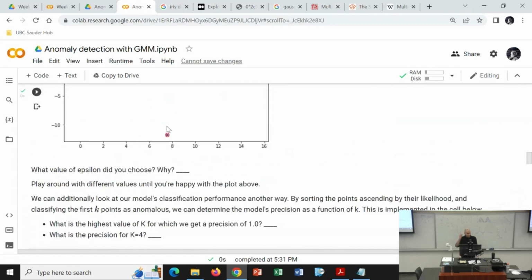So another idea is, instead of coming up with some arbitrary number, we just sort the likelihood values we had and pick one of the smallest values, right?